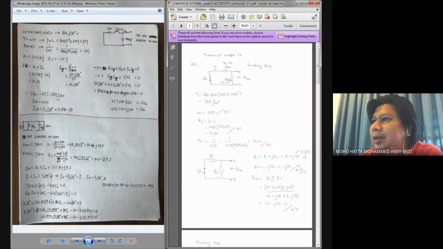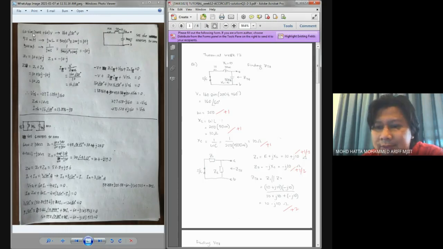Okay, and according to the answer given by Wang, the first one, he converts the voltage over here from time domain into frequency domain, or phasor domain. And I'm not sure why this is negative 30. Maybe he tried to convert it into cosine, I think.